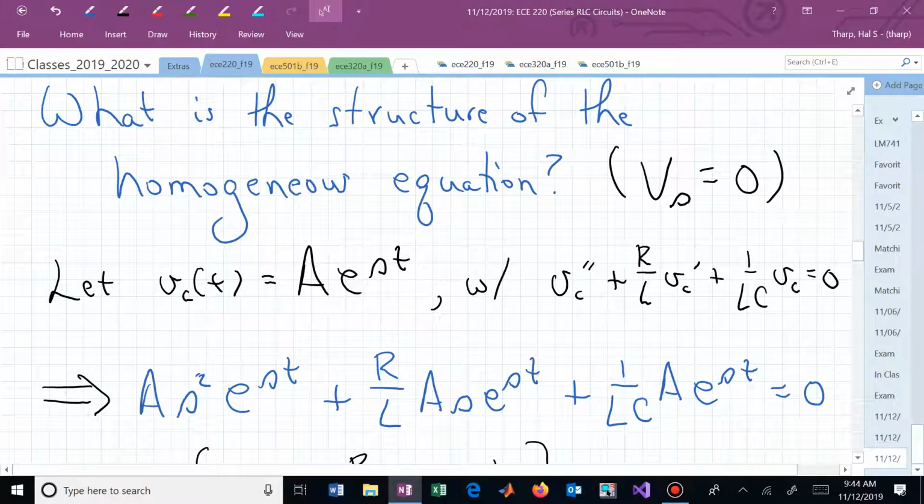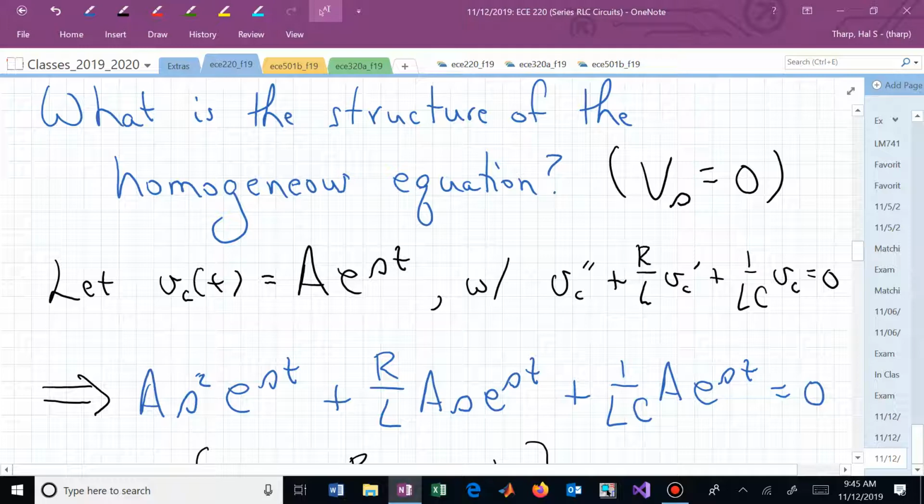We differentiate V sub C once with respect to t, and that s pops out. We get an as e to the st. We differentiate it again, and we get an as squared e to the st. This in blue is what happens when we assume this structure for our solution.